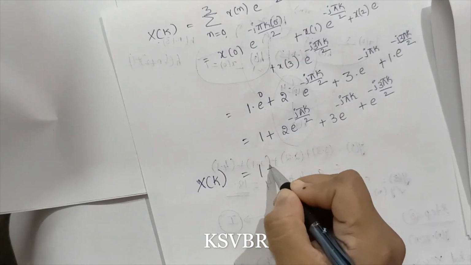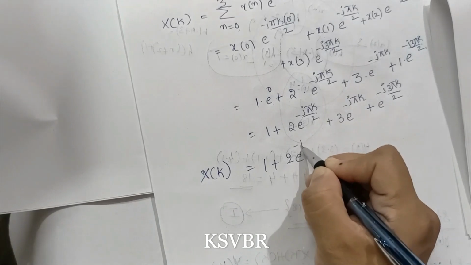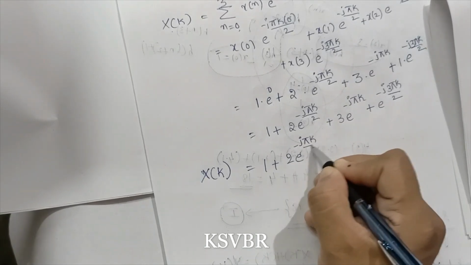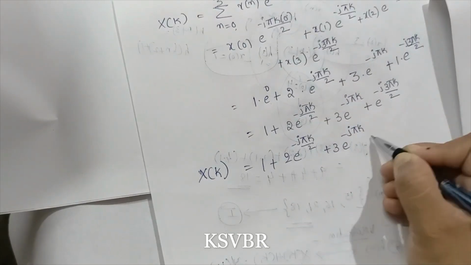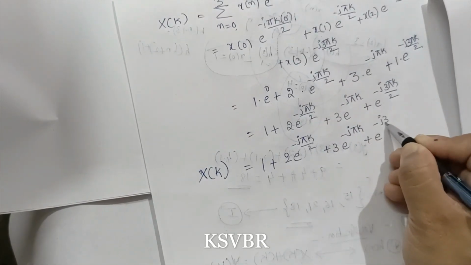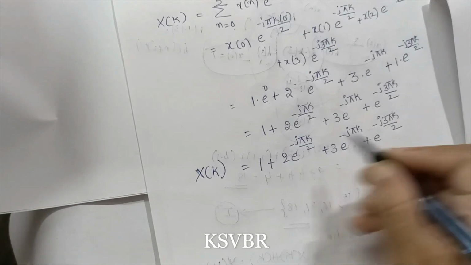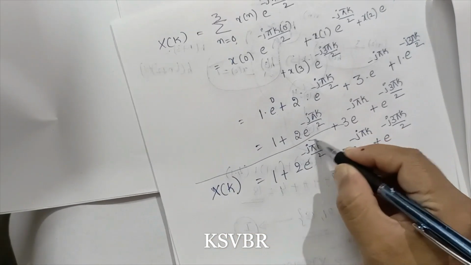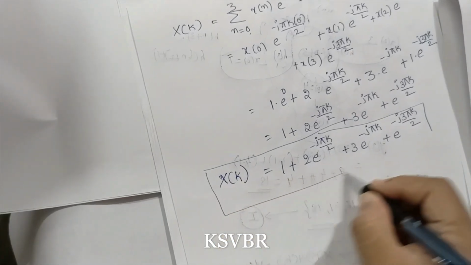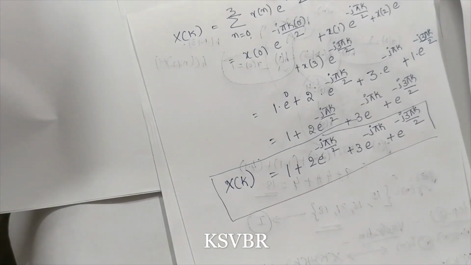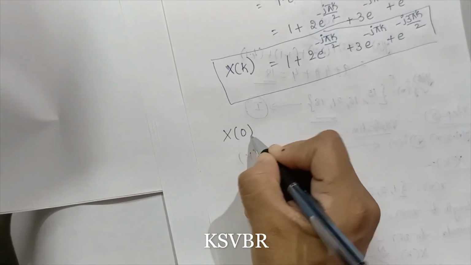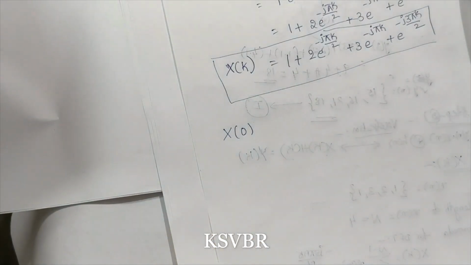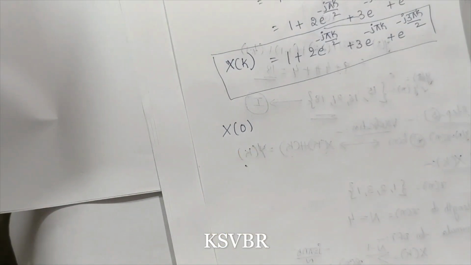So x of k equal to 1 plus 2 e power minus j pi k by 2 plus 3 e power minus j pi k plus e power minus j 3 pi k by 2. So this is the equation for x of k. Now we have to find x of k, which consists of capital X of 0, capital X of 1, capital X of 2, capital X of 3, right?